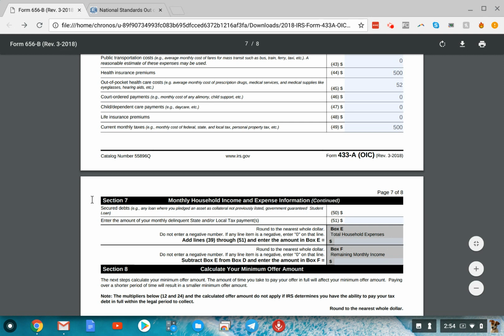Secured debts. So collateral stuff would be in here. The only other thing you add in here that doesn't really have collateral is government guaranteed. Yeah, like student loans, exactly. So you'd put student loans. So say they have a student loan payment of $250. Okay. State and local tax payments. This person we're pretending is in Las Vegas.